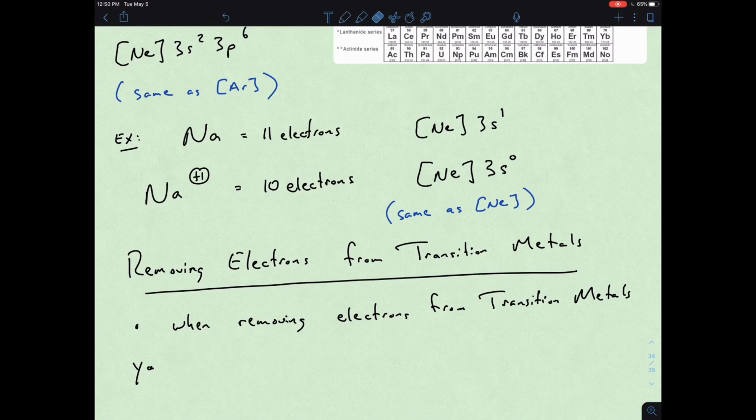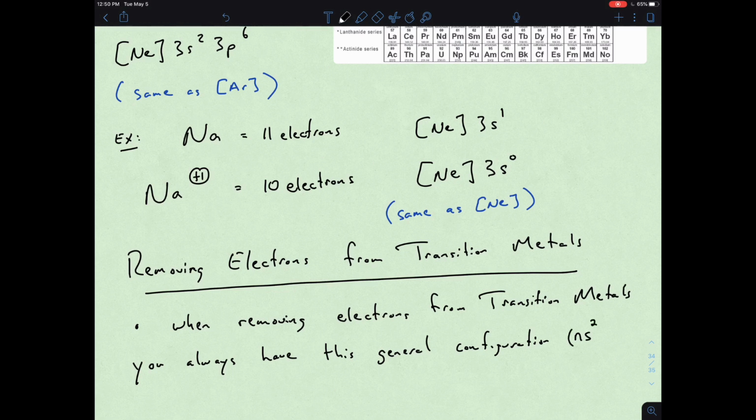you always have this general configuration where you have n, and then we have our s, and that's going to be full.